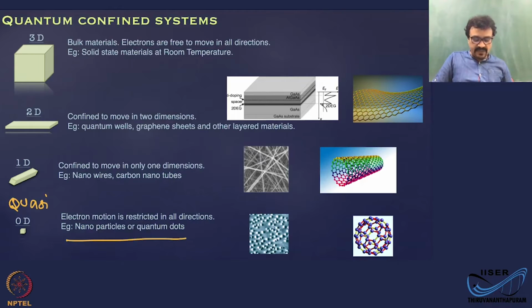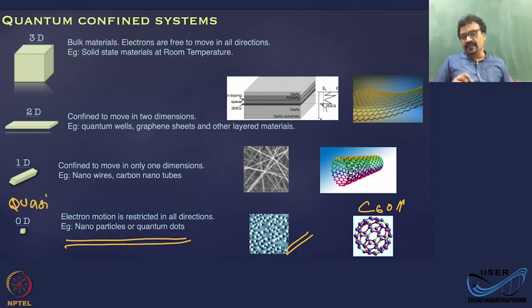Here, the electrons are confined in all three directions. For example, the C60 molecule or the buckyball is one example.